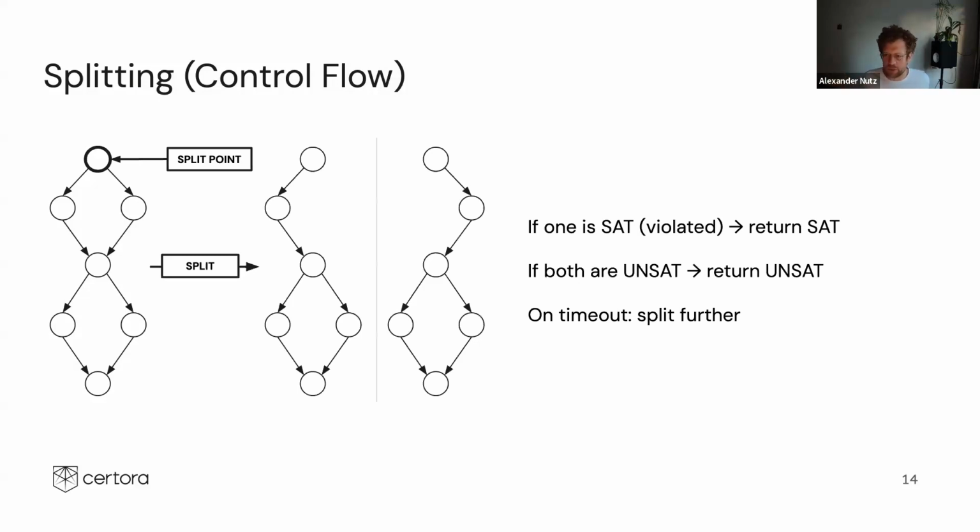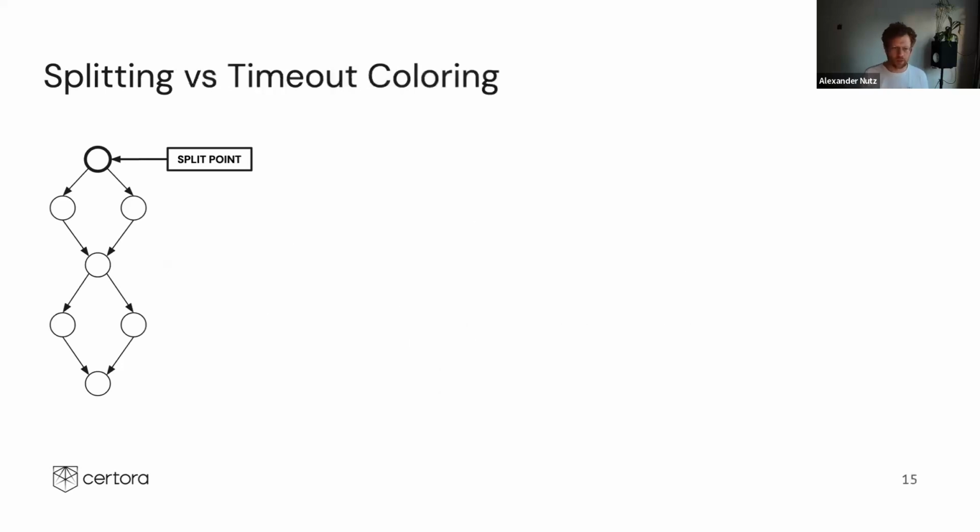So a SAT result means violated in our case. And if one is unsat, we need to look at the others. And if all are unsat, we're also done. We do this recursively. So if the formula here times out, then we might split further, look for another split point and go on.